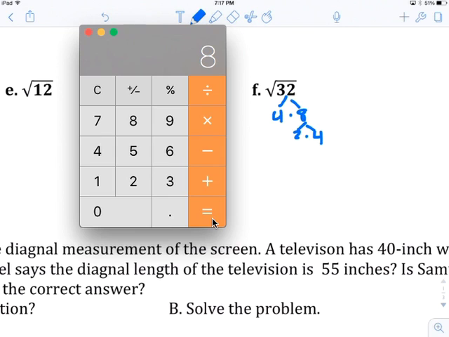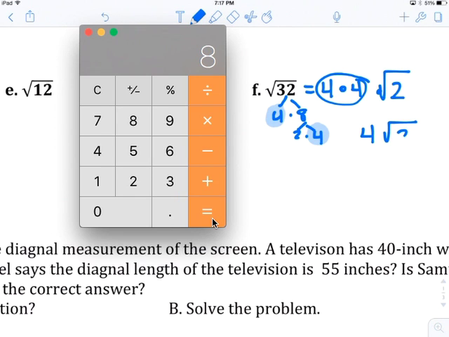You can stop here if you want because you have one pair of 4. See that? You can do 4 times 4. That's a pair times 2. When you have a pair, you can stop if the other one can't go any further. Radical 2. So 4 radical 2.